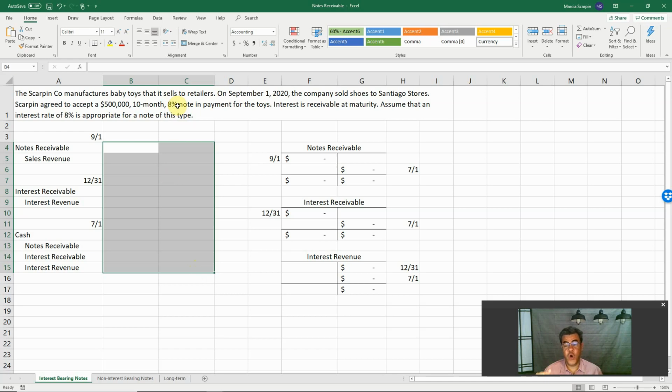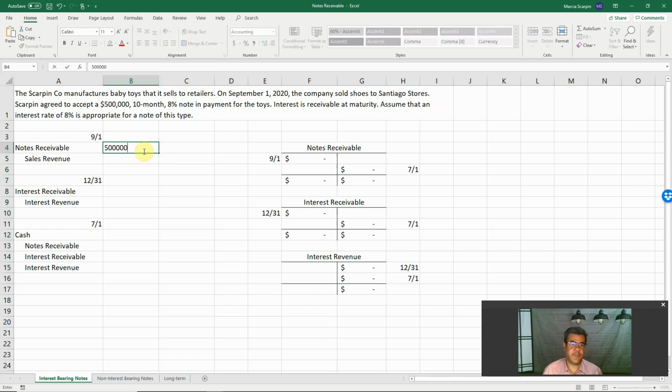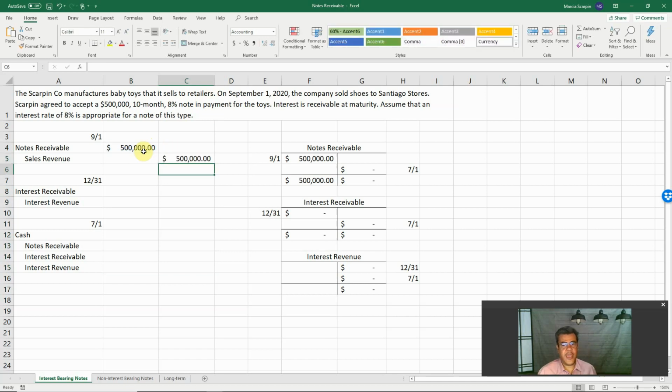So we have notes receivable instead of accounts receivable. Interest is receivable at maturity, so only after 10 months, and the interest rate is appropriate. So here, the sales revenue is exactly the same, $500,000, notes receivable and sales revenue.